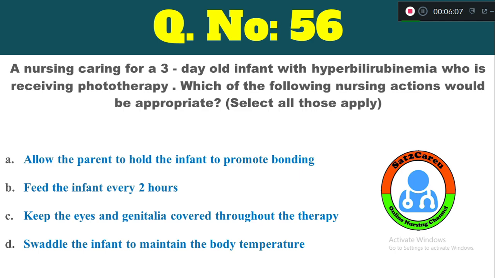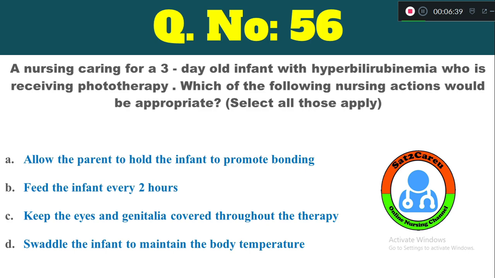So here you need to select all the activities which we give for a child who has hyperbilirubinemia and is receiving phototherapy. Option A, allow the parent to hold the infant to promote bonding. Option B, feed the infant every 2 hours. Option C, keep the eyes and genitalia covered throughout the therapy. Option D, swaddle the infant to maintain the body temperature.